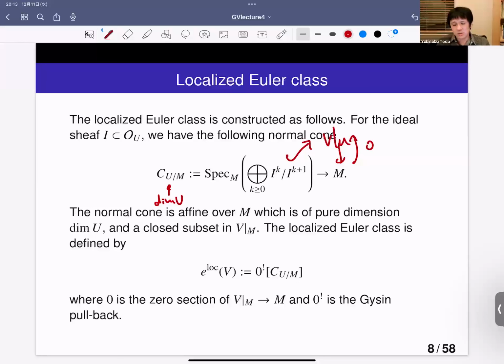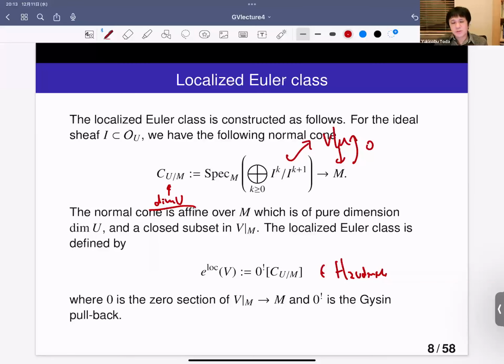There is some sort of pullback in this situation called Gysin pullback, and this Gysin pullback gives the correct dimension of this localized Euler class. In fact, this has dimension dim U, and by this pullback, the dimension is dim U minus rank V. So it lives in the correct dimension. So it is in degree twice the virtual dimension. So this gives the local construction of the so-called virtual fundamental class.